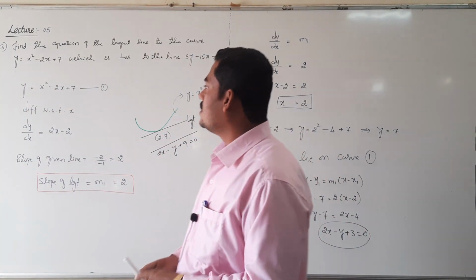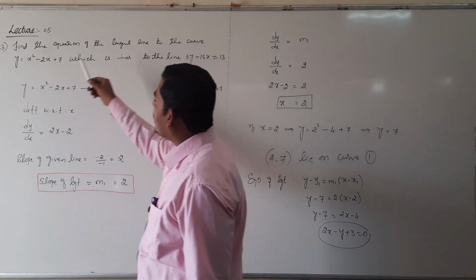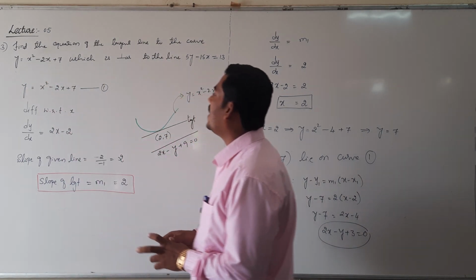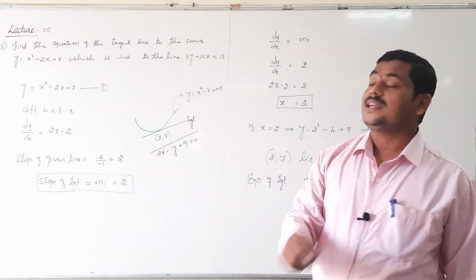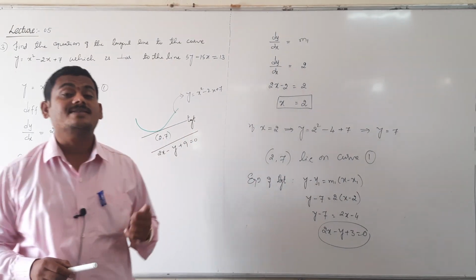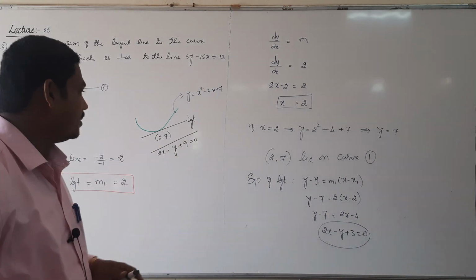What is given here? Find the equation of the tangent line to the curve y is equal to x square minus 2x plus 7, which is perpendicular to this line. Our tangent line is perpendicular to the given line, right?